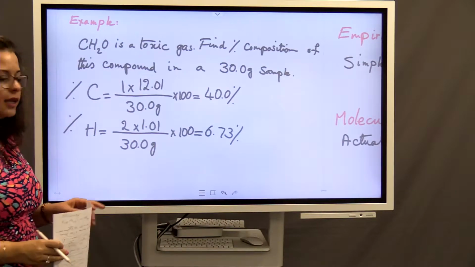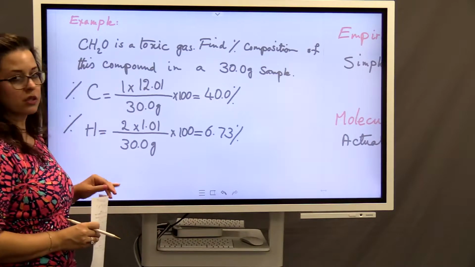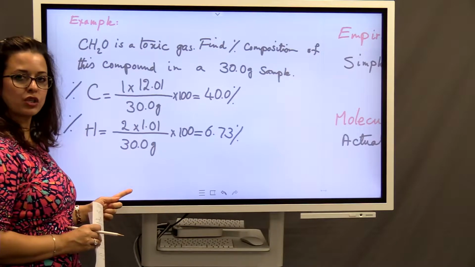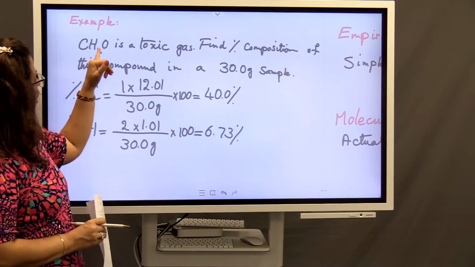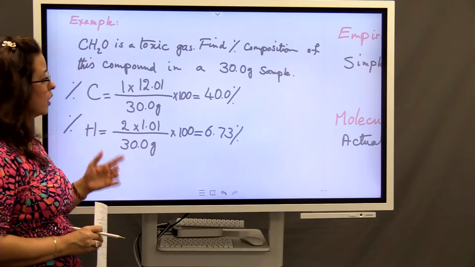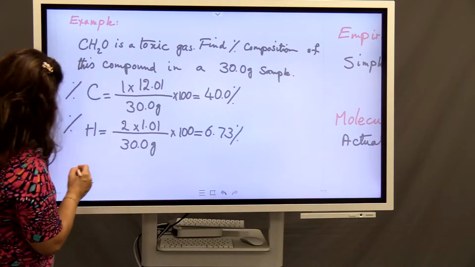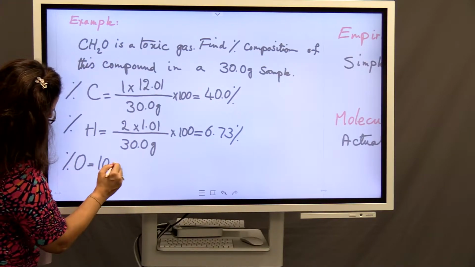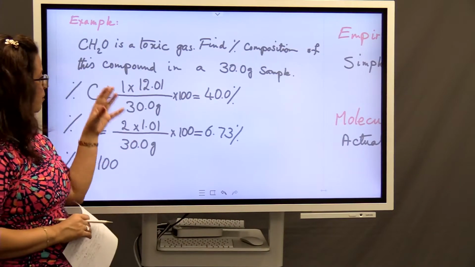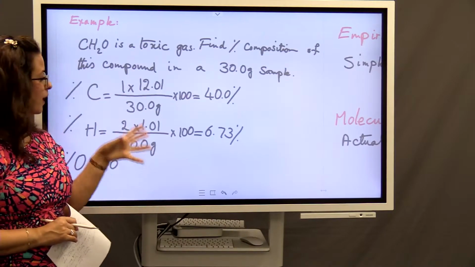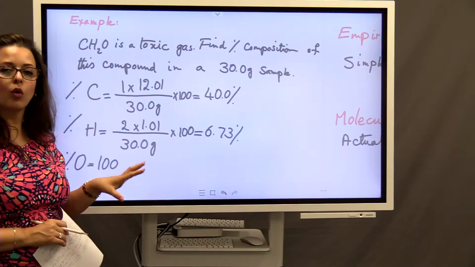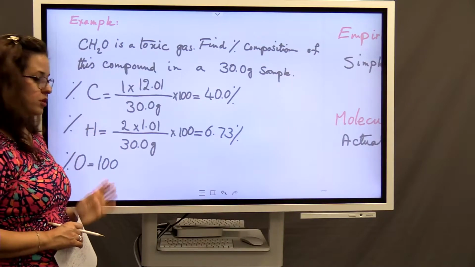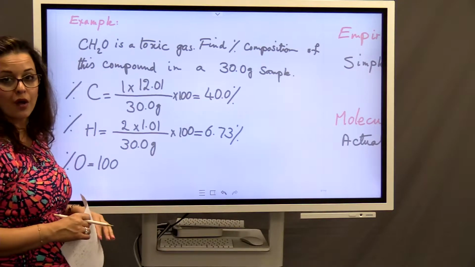For calculating the percentage of oxygen, you have two ways. You can repeat the same calculation for oxygen, 1 times 16 divided by 30, or you can say percentage of oxygen is 100 minus the others, because the sum of mass percentages of the atoms is equal or very close to 100. So percentage of carbon plus hydrogen plus oxygen must be almost 100.